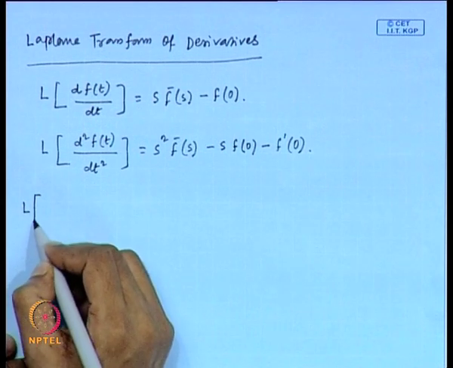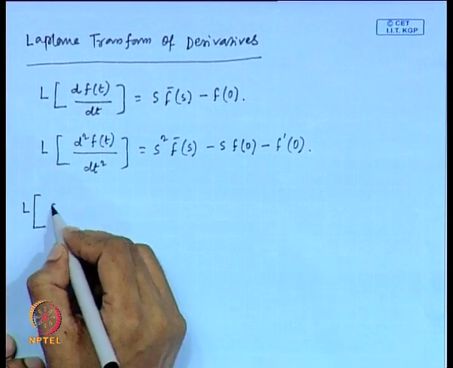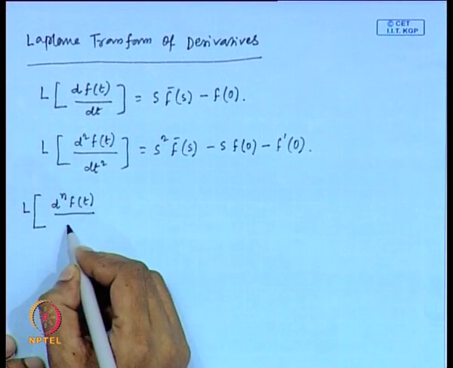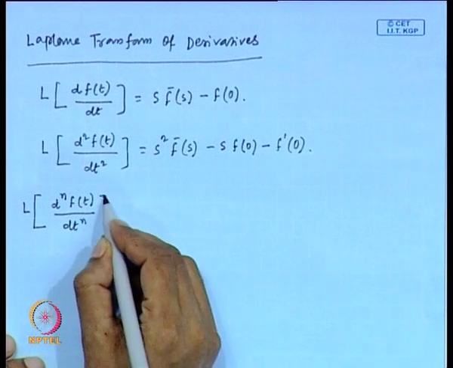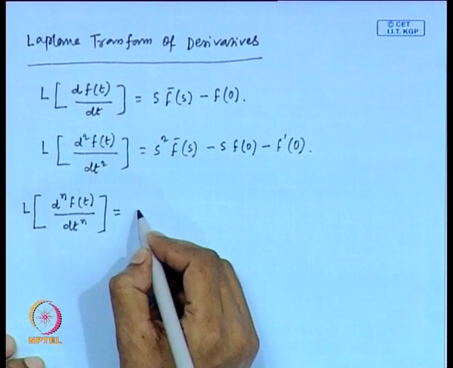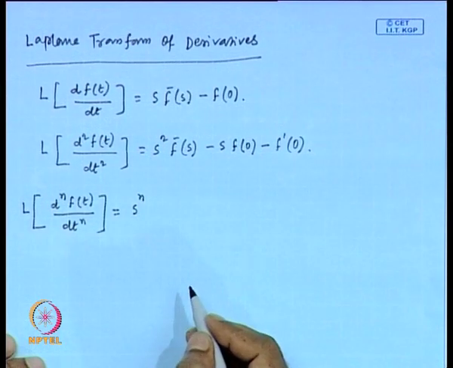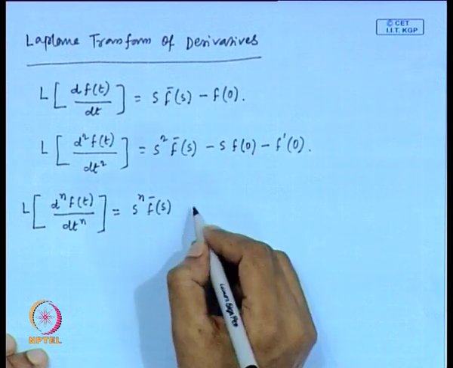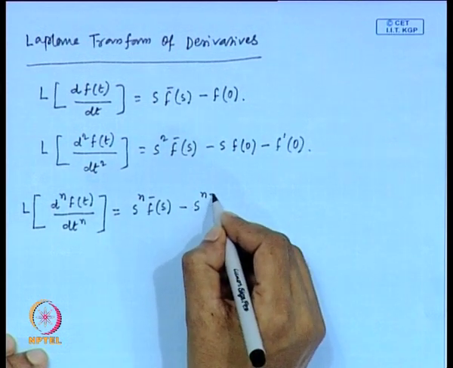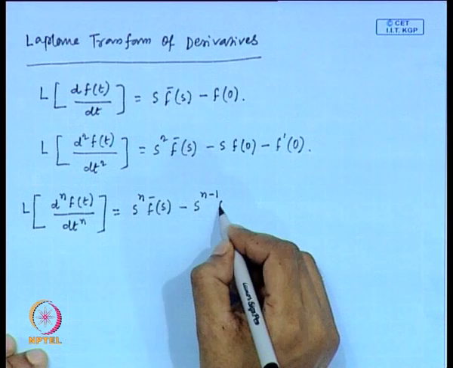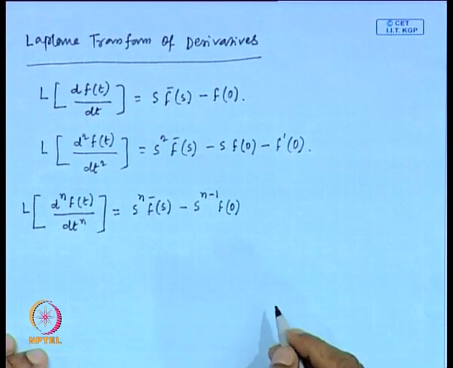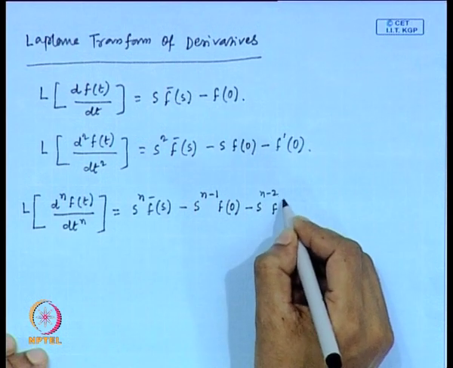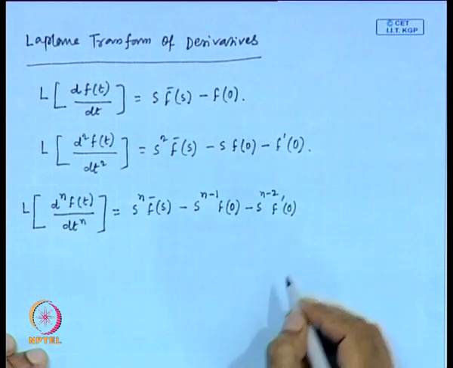Similarly, for the nth order equation, d^n f(t)/dt^n is equal to s to the power n F bar(s) minus s to the power n minus 1 f(0) minus s to the power n minus 2 first derivative.